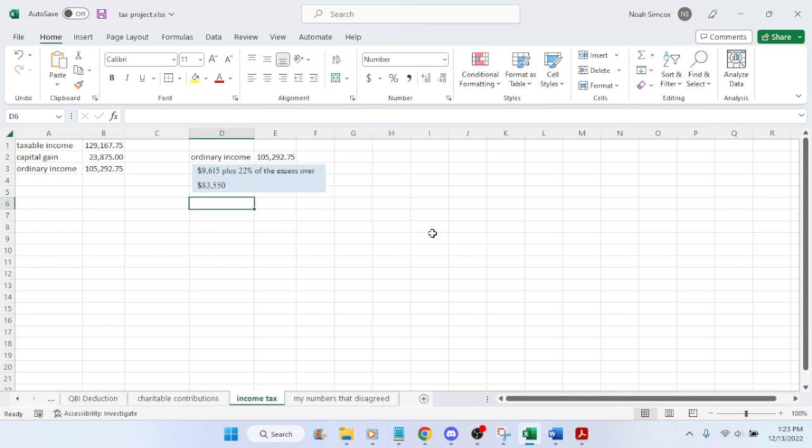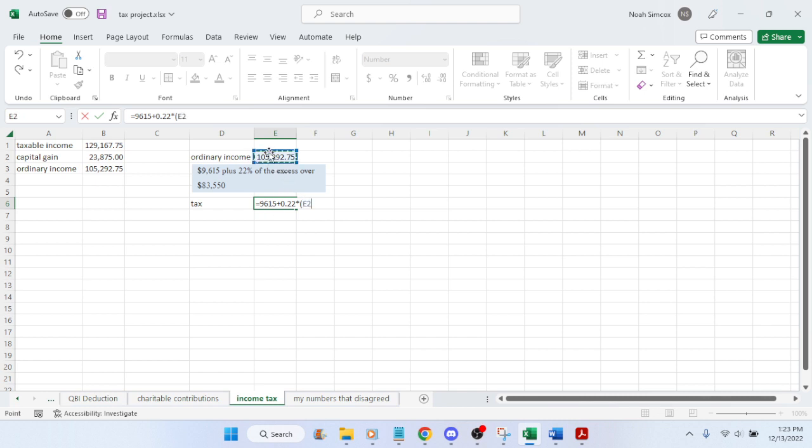So we have equals, wait, hold on a sec. So tax is equal to 9615 plus 0.22 times parenthesis this number minus 83,550.